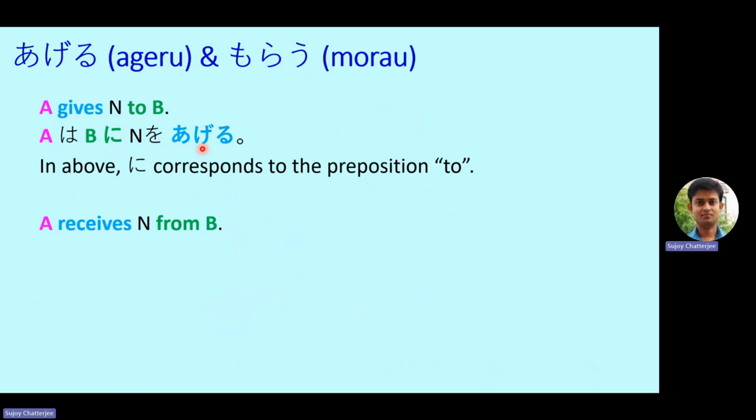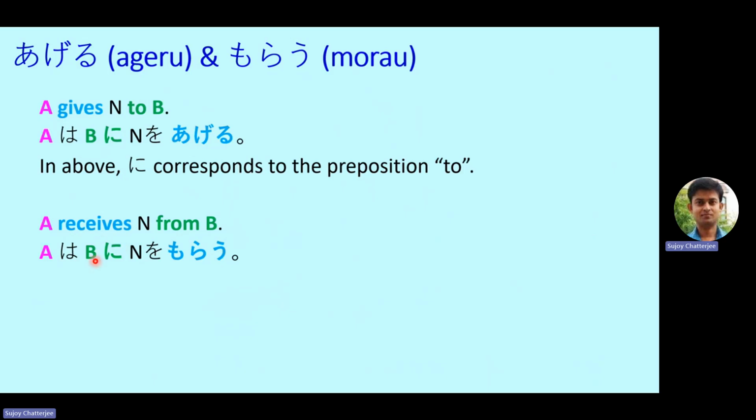Now next is A receives N from B. So A receives from B. It was A gives to B, now A receives from B. So what will be used? For the earlier case it was the ni particle. So what will be used in this case? A wa B ni N o moraimashita or moraimasu. So what will be the particle? It will still be the ni particle.